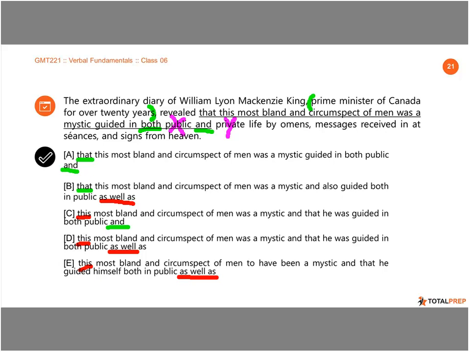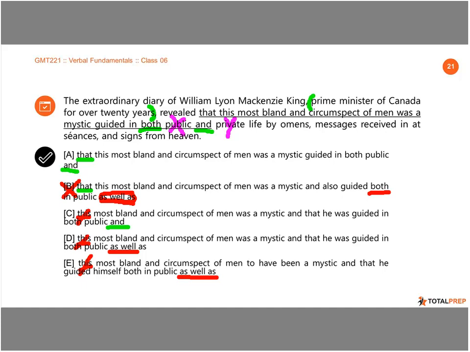Let's take a look at B. What's wrong with B? Here, this connection with both as well as is incorrect. On letter C, D, and E, there's no that, okay? Revealed that, it's really important to have this word here, right?